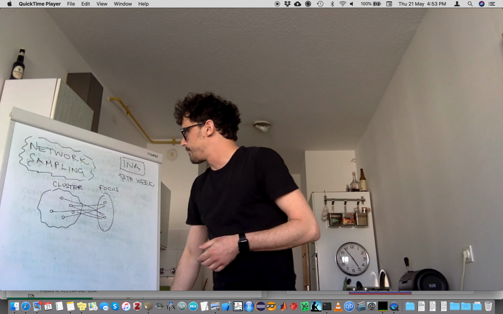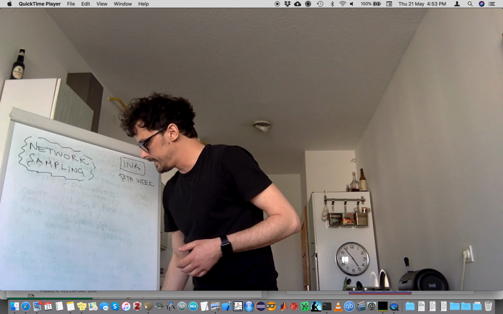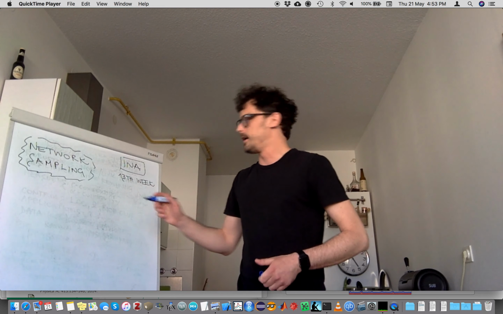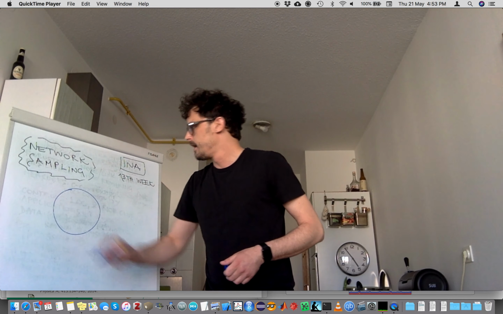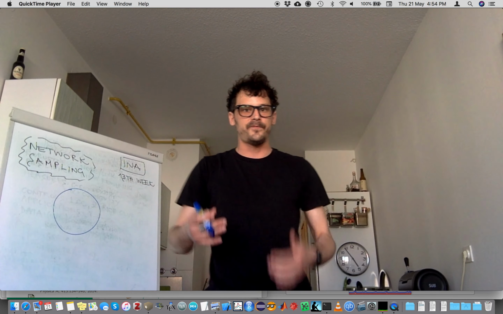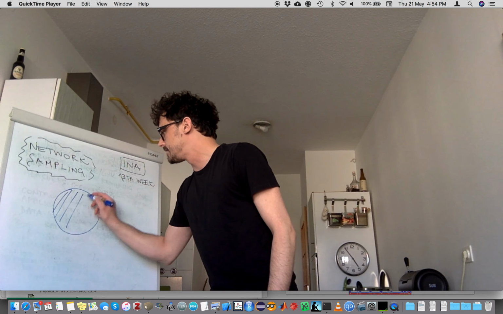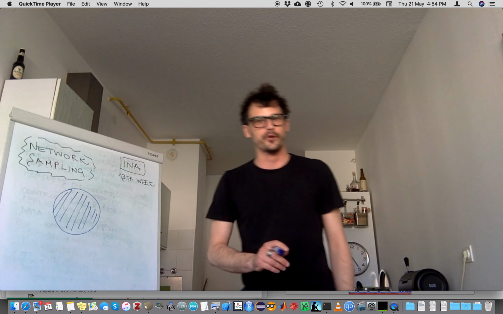For instance, if we go on, let's say that I find a cluster where this cluster mostly connects to itself, so it forms a community, its focus will be the same set of nodes.